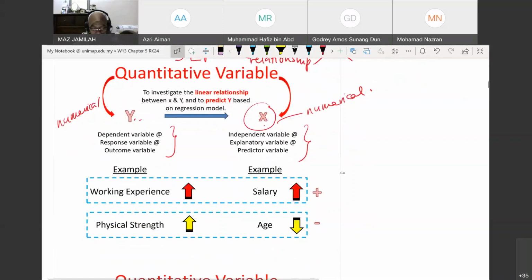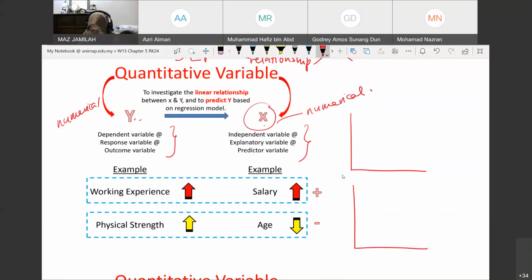Now, what kind of relationship are we talking about between these two variables? In order for us to show what kind of relationship there is between x and y, we are going to use a graph of x and y.